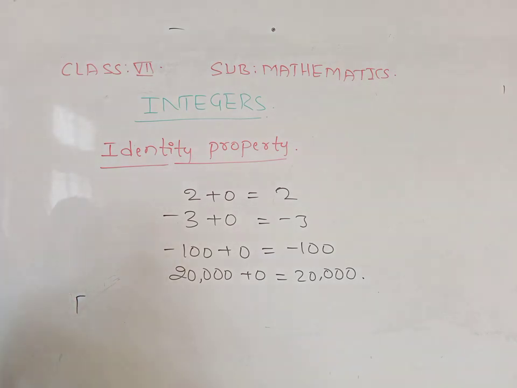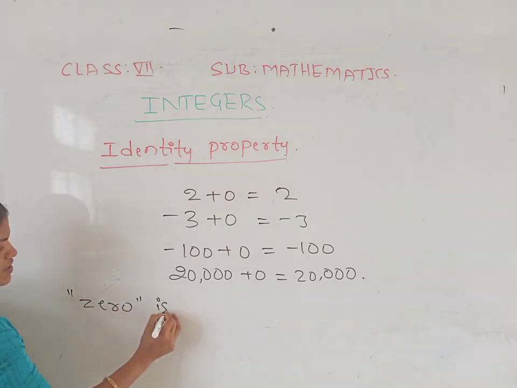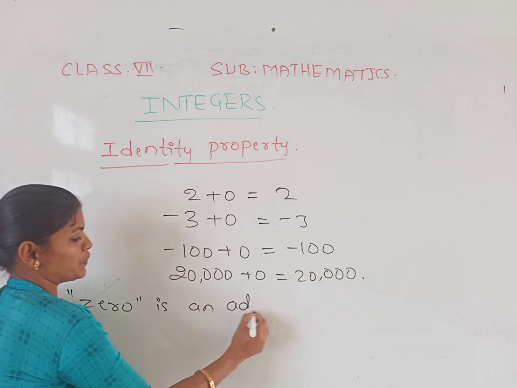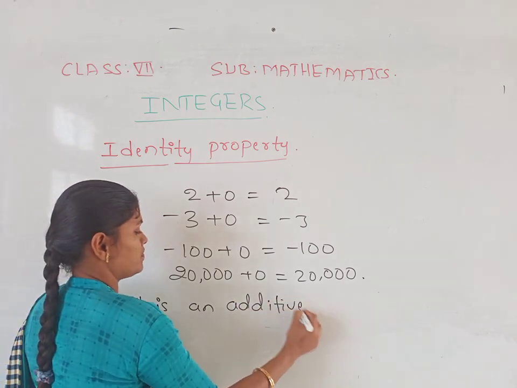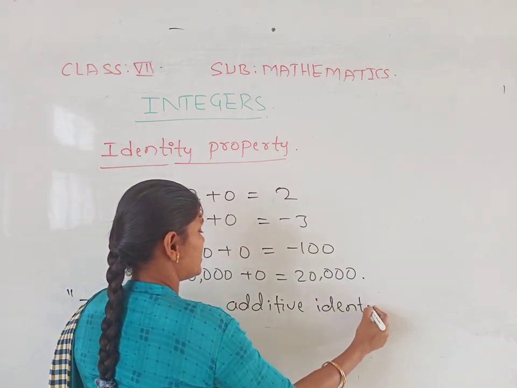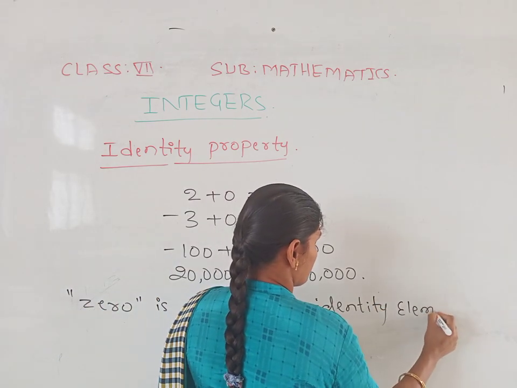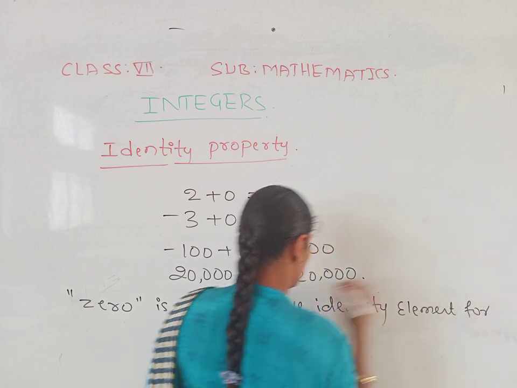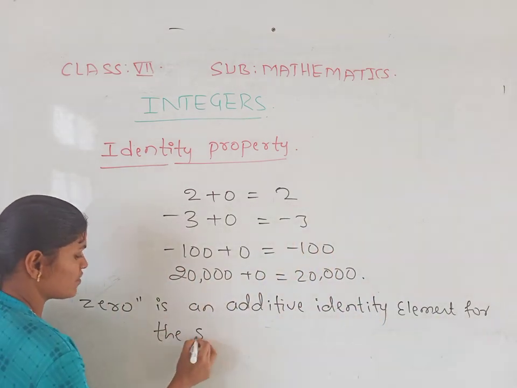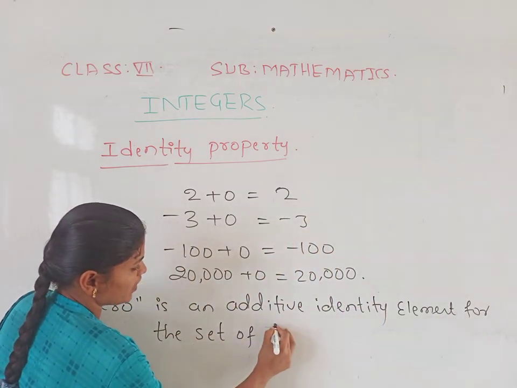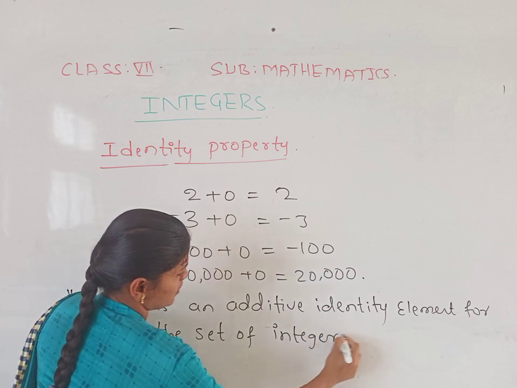0. Yes? You can write 0 is an additive identity for the set of integers. Clear?